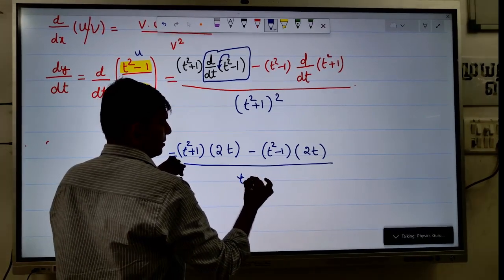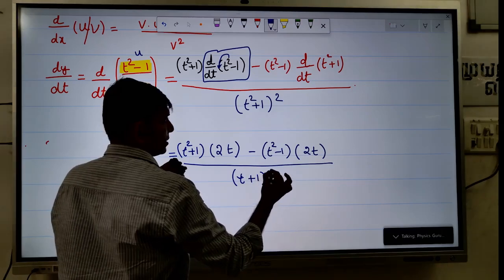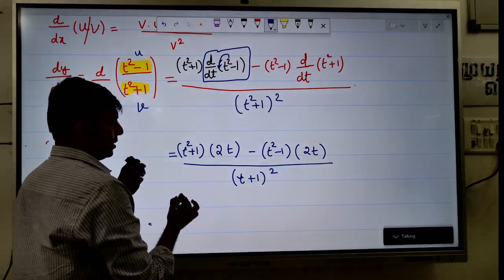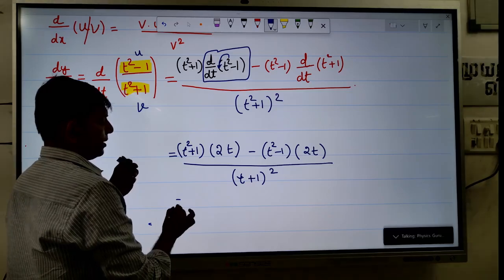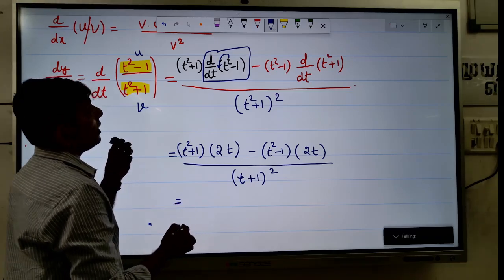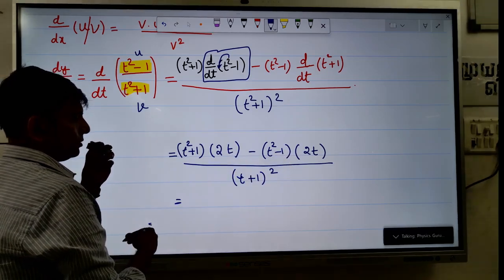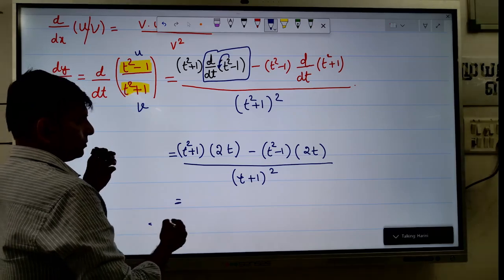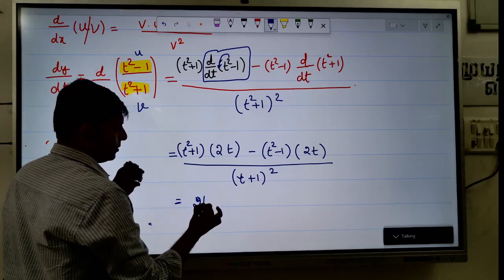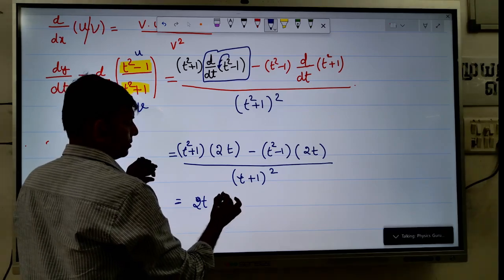Wait a minute, let's keep it as such. Okay, so take the 2t as common. 2t, let's keep that as common.